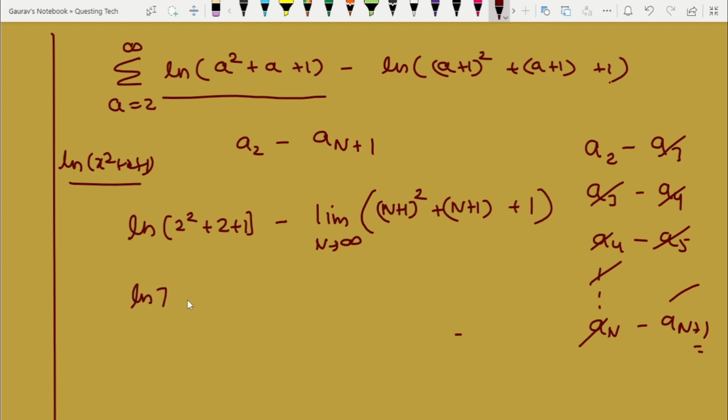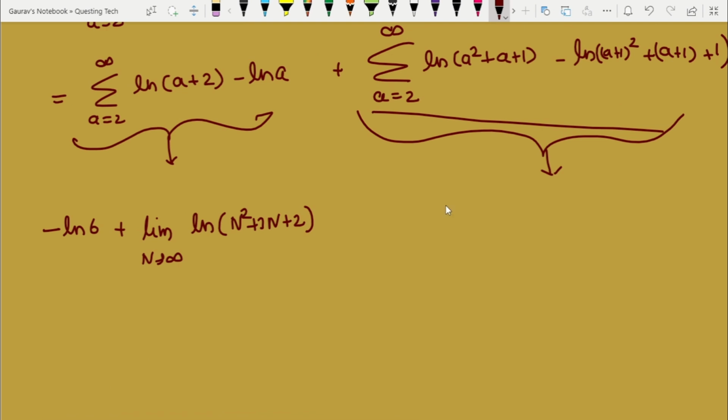ln 7 minus limit n tending to infinity, and this is like n square plus 3n plus 3. This is also capital N. Okay, so we will write this expression above. Plus ln 7 minus limit n tending to infinity ln (n square plus 3n plus 3).